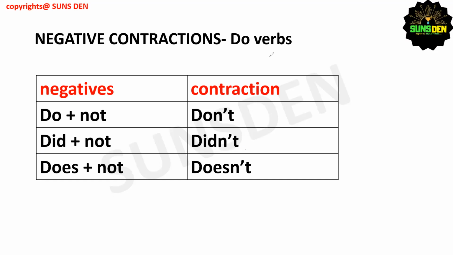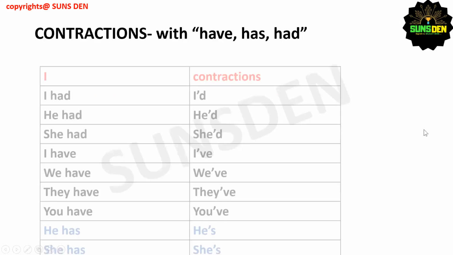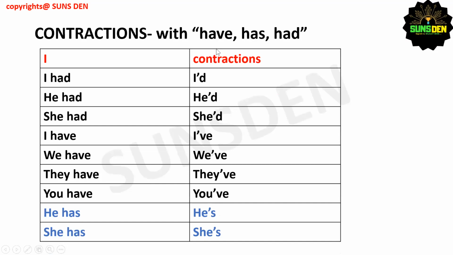Now we are moving on to the have verbs. I had gets contracted into I'd. Now here you have to understand there are a few verbs that, when blended with personal pronouns, have the same contraction. One of those is I had.